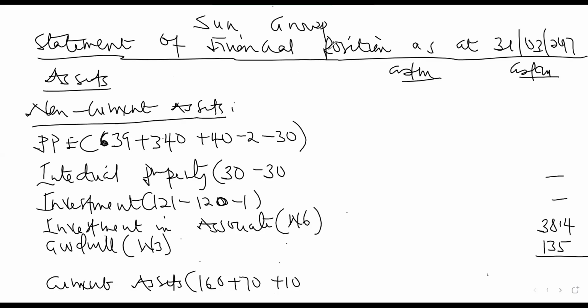Our PPE is what? 987. We have 987. So our intellectual property will be dashed. Our investment will be dashed.